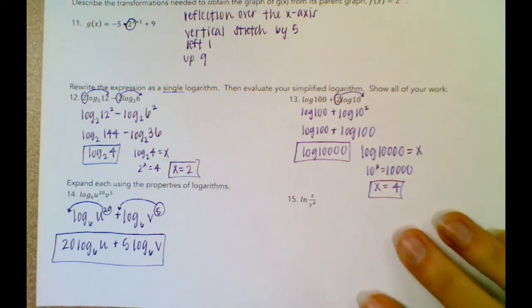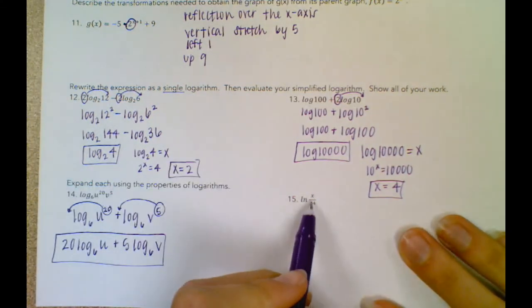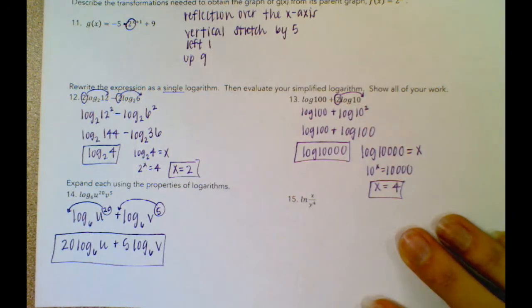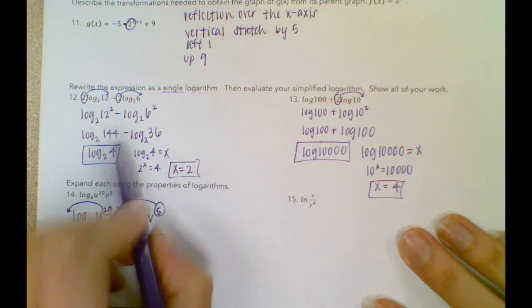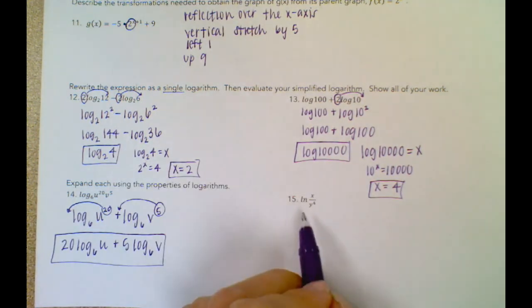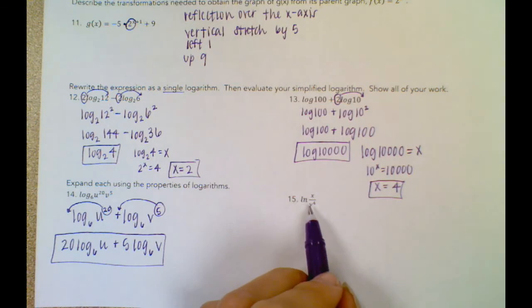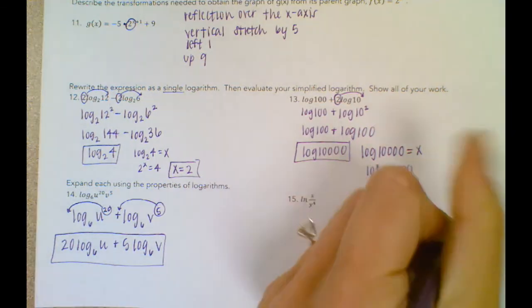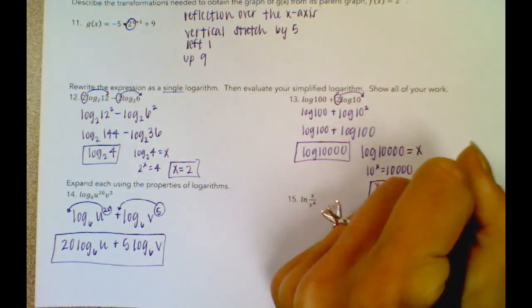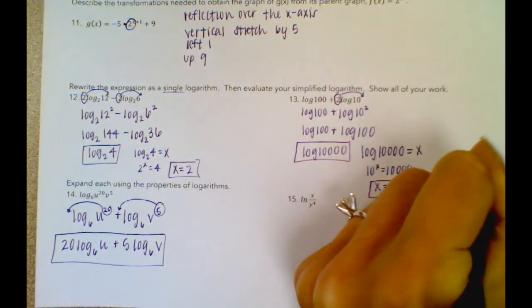All right, number 15. Looks like we are taking x and dividing it by y to the 4th. So whenever we're dividing, we're really going to subtract, right? So real quick, I just want to go over something. Remember ln means log base e. I just want to make sure we know that. It really doesn't help us or hurt us right here.